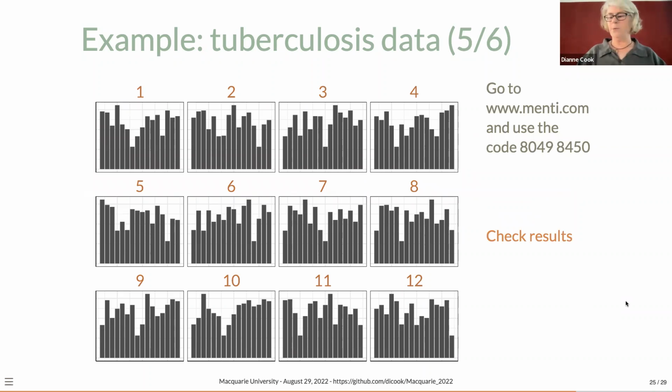And now here's where you want your phone. Grab your phone. Let's see if I can see your responses too. We've got 12 plots here. Go to menti.com, and when you go there, type this code in.